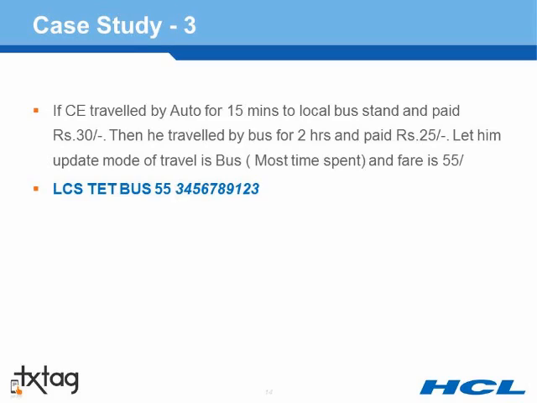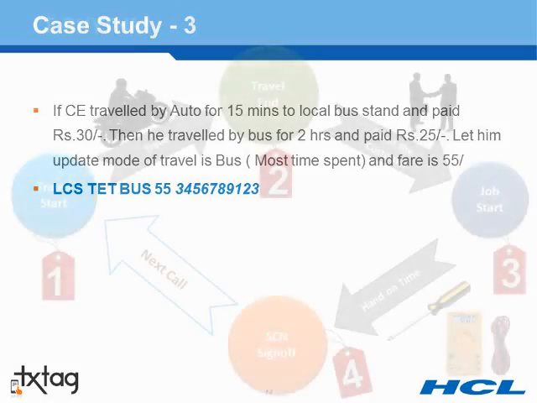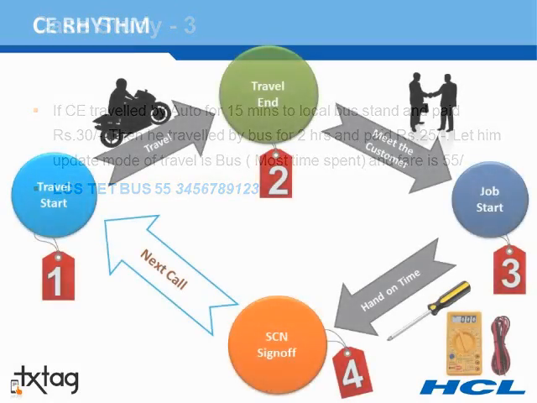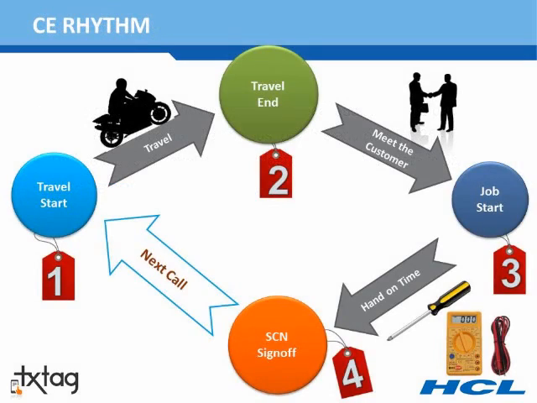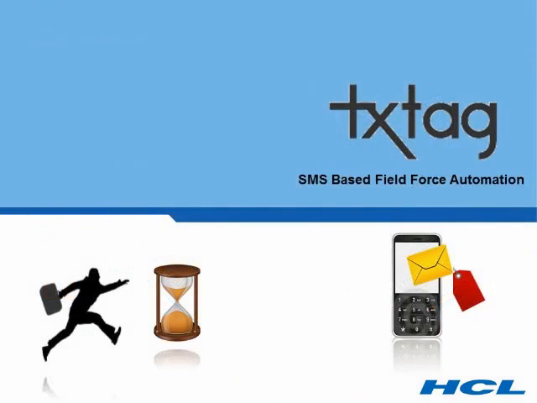So you have to keep sending this SMS back to the system. Now, which number to send your SMS to? I am not informing that in this training module. Once your manager updates your name and mobile number in the system, the TxTag system will be sending you an SMS informing you what is the number to which you have to send the SMS.